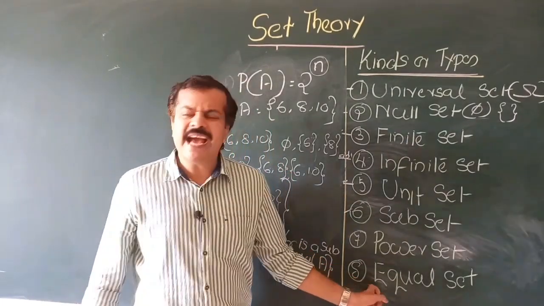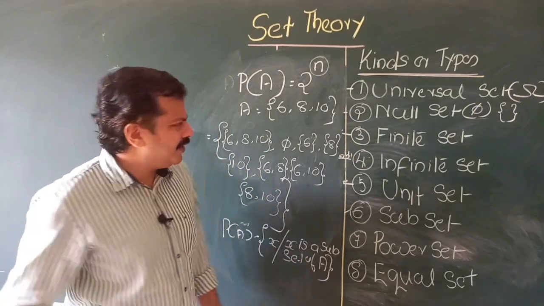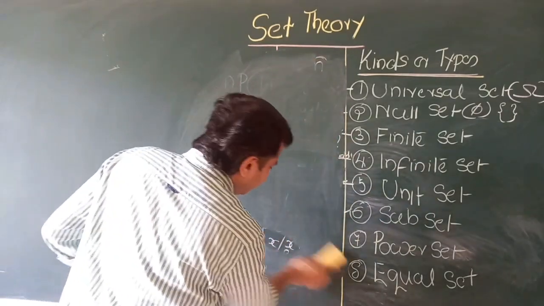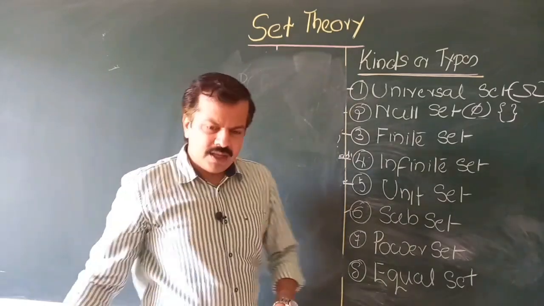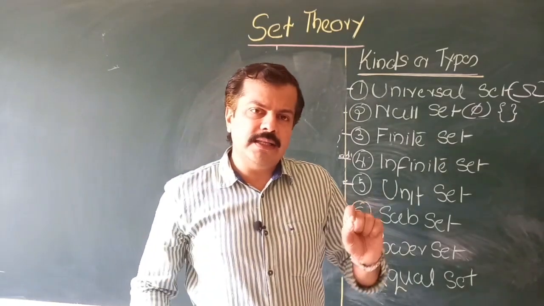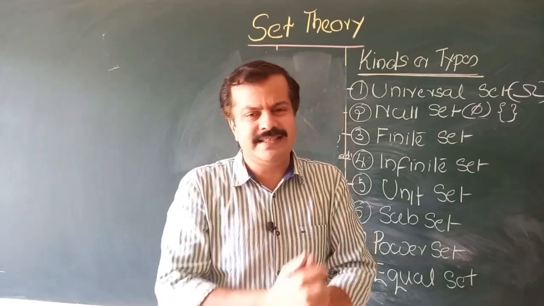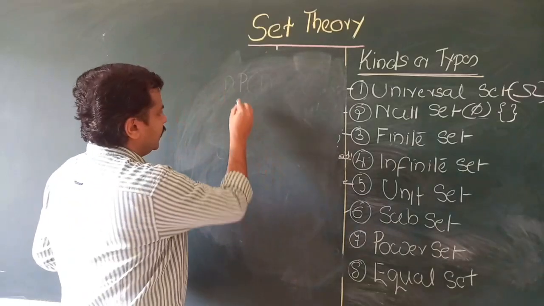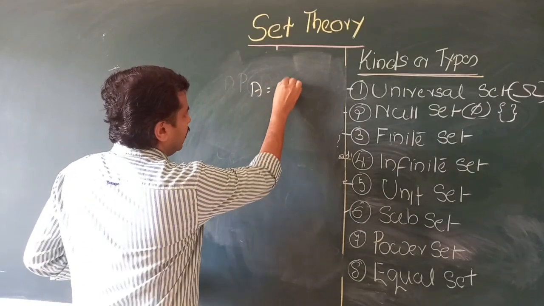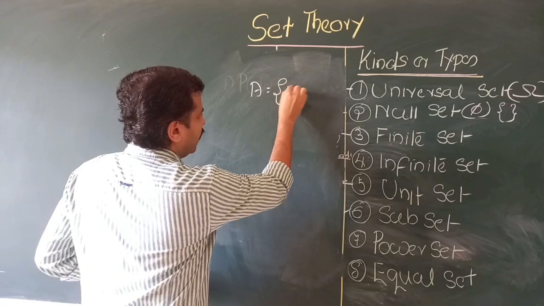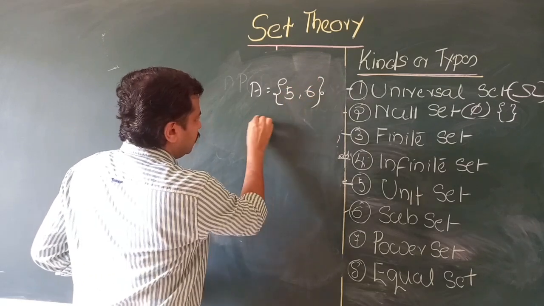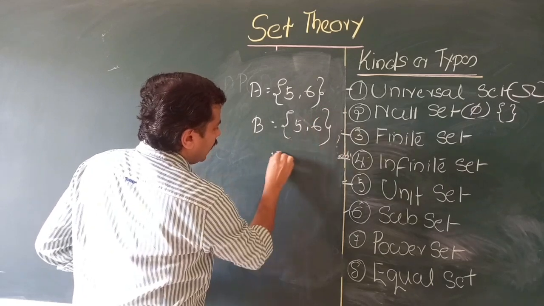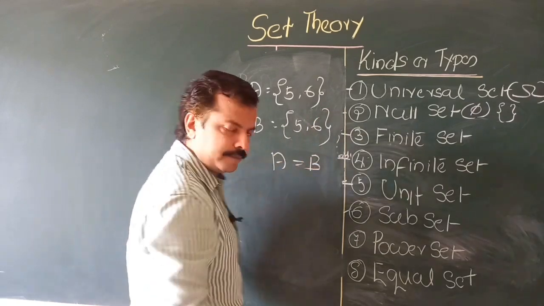Now I have an equal set. What is an equal set? Equality of sets means if the elements in the 2 sets are exactly the same, the 2 sets are called equal. For example, if set A is equal to {5, 6} and set B also includes 5, 6, we can call it A equals B. Simple.